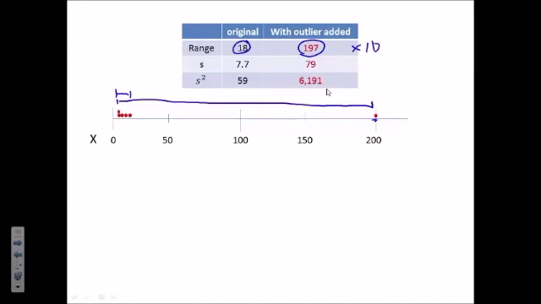The standard deviation was 7.7. It increased to 79, again about 10 times as large. The variance went from 59 to 6,191. That was about 100 times larger. So all of these measures of variation are going to be seriously affected by the outlier.